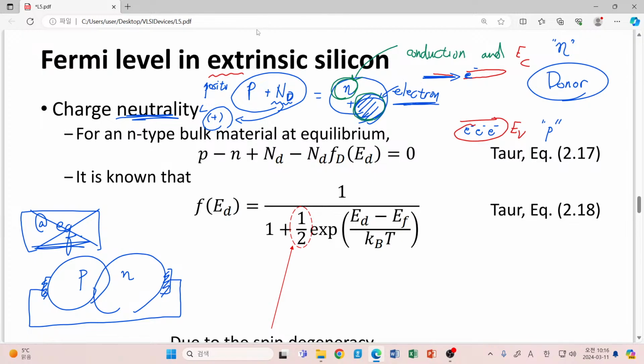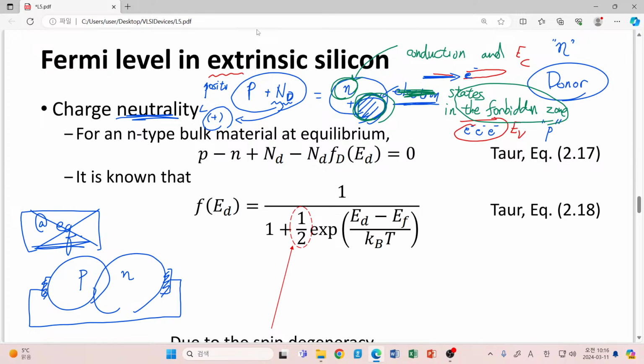And there is a second term. This is the electron occupying not the conduction band state, but the state in the forbidden zone. Yes.